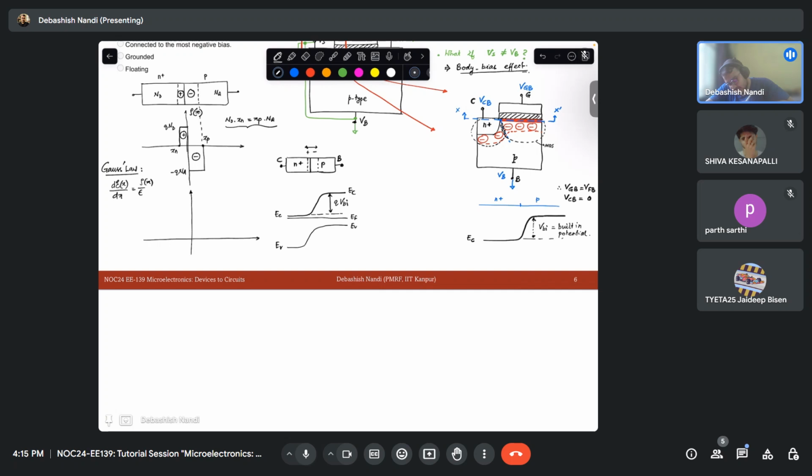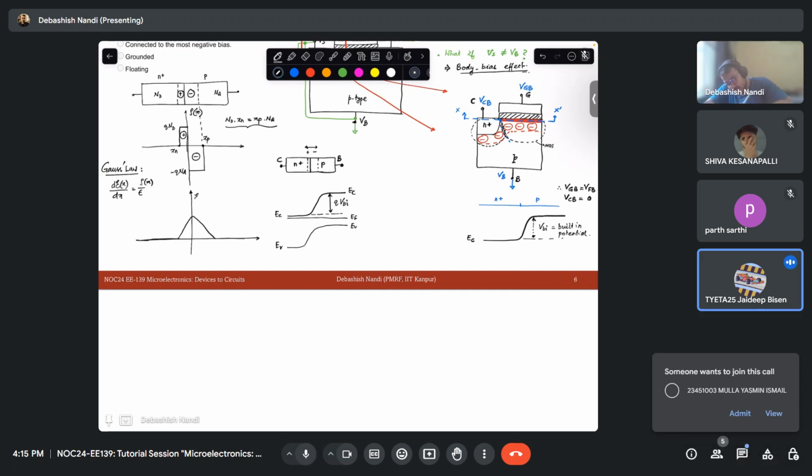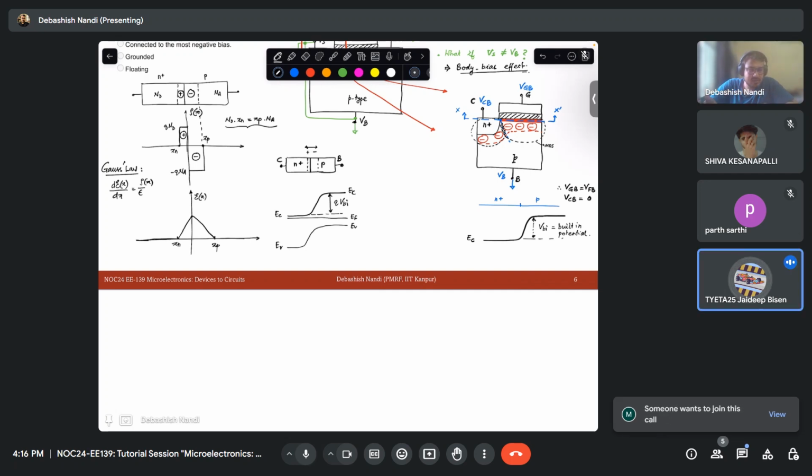The electric field will be nothing but the integration of this plot. This is how your electric field will look like. This will be your xn and this will be your xp.